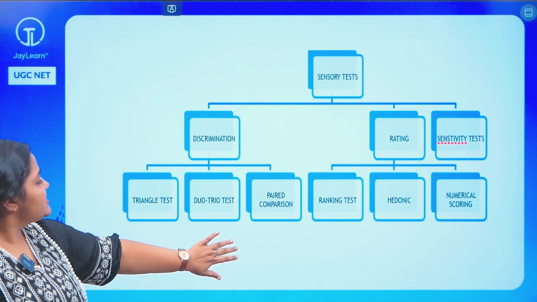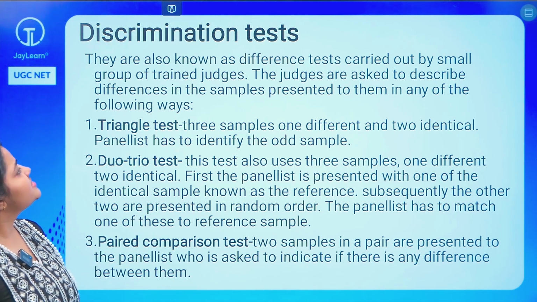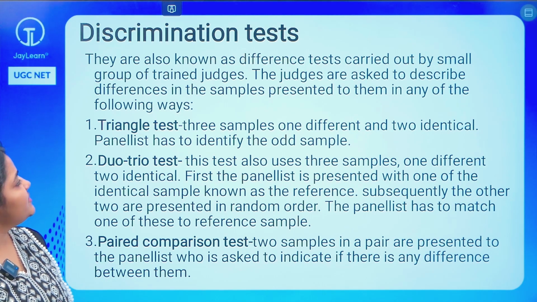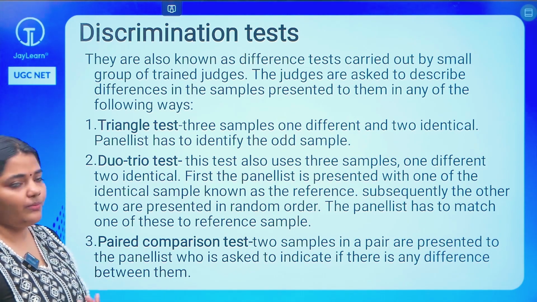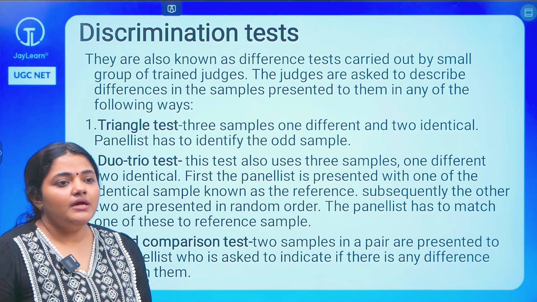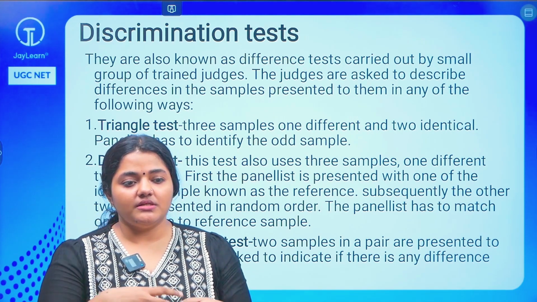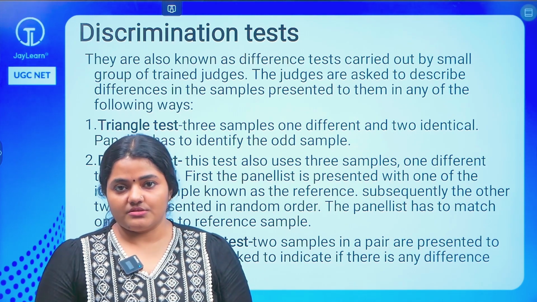In discrimination, it's usually carried out by a small group of trained judges. The judges are asked to describe differences in a sample presented to them in any of the following ways. We can take Lays. We are taking Lays with 2 or 3 different flavors, or the same flavor with different concentration.